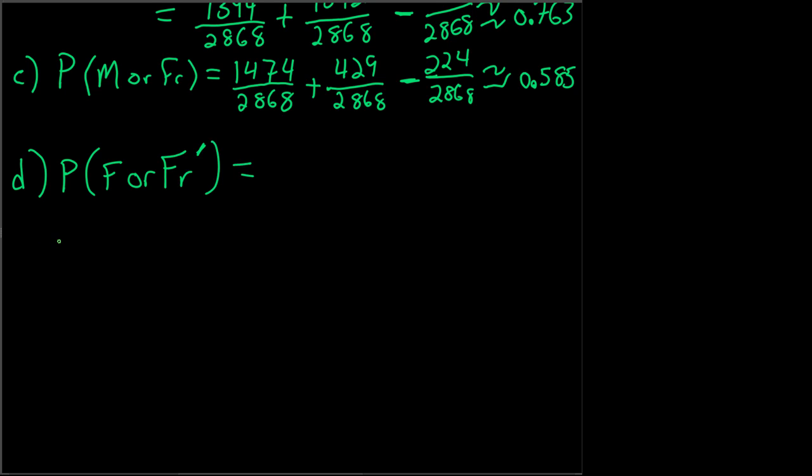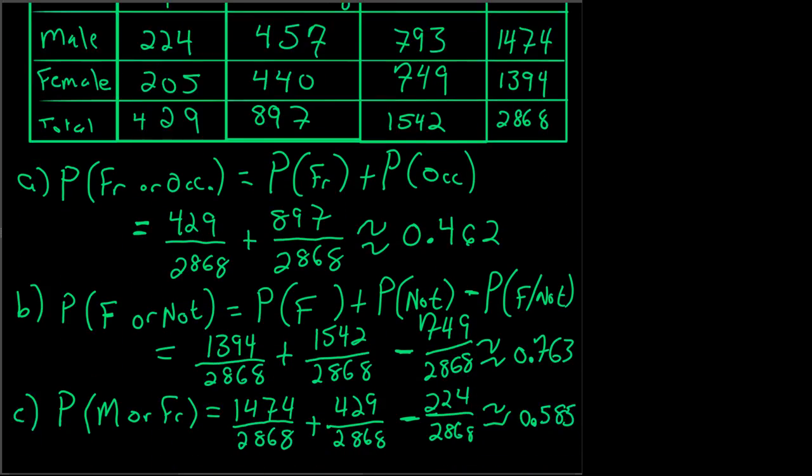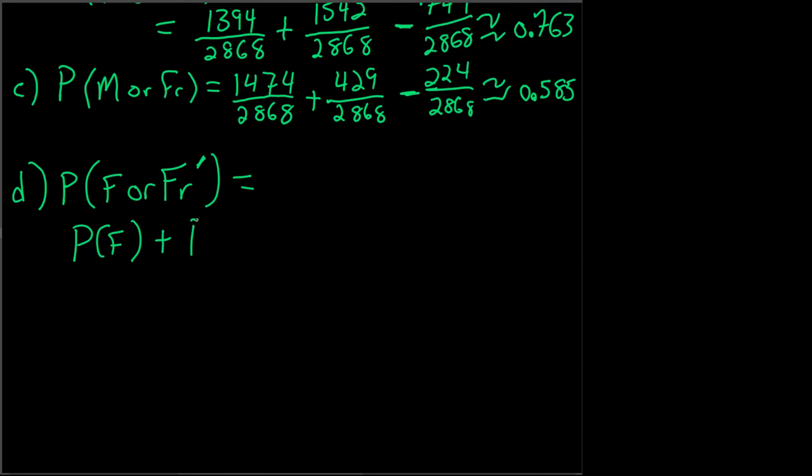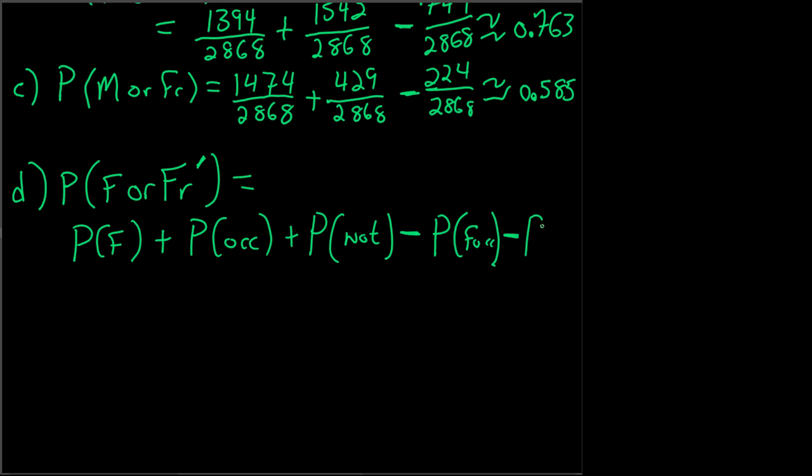What I did was I looked at the probability of being female plus the probability of being occasional plus the probability of not at all, minus the overlap of female and occasional, minus the overlap of female and not.